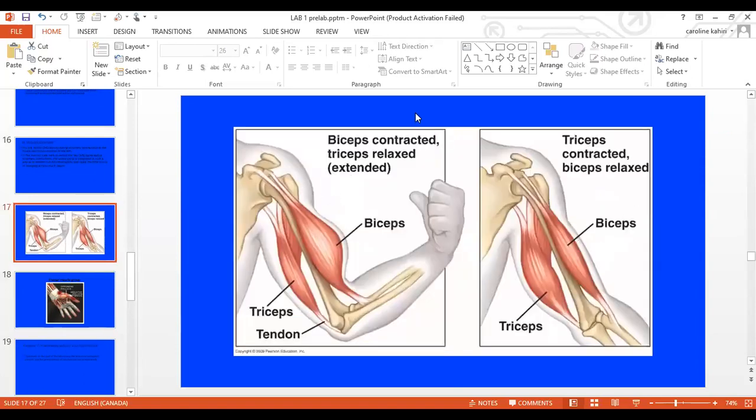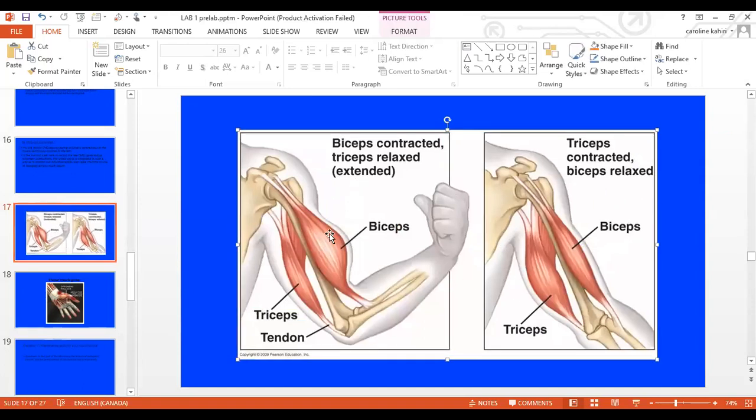So for instance, here you have the biceps and the triceps. When I ask you to fold your arm, we are going to contract the biceps. Now imagine if I'm trying to push your arm in this direction, and I'm still informing you to contract the muscles.